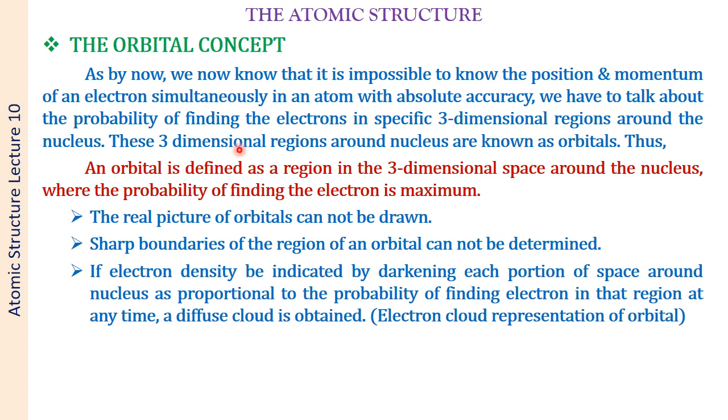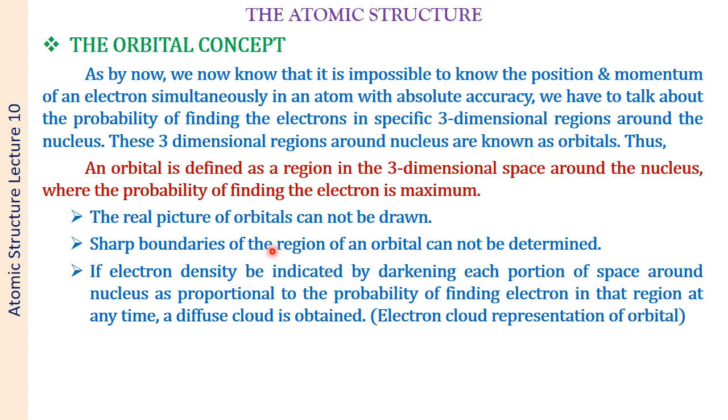This specific region, the three-dimensional region around the nucleus where the probability of finding the electron is maximum, is called an orbital. Okay, and we cannot draw a real picture of the orbital. Sharp boundaries of the region of an orbital cannot be determined, right? Because we do not know specifically where the electron can be present, we cannot draw a real picture.